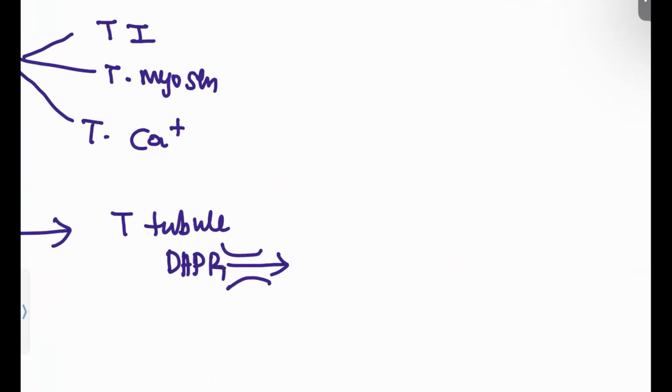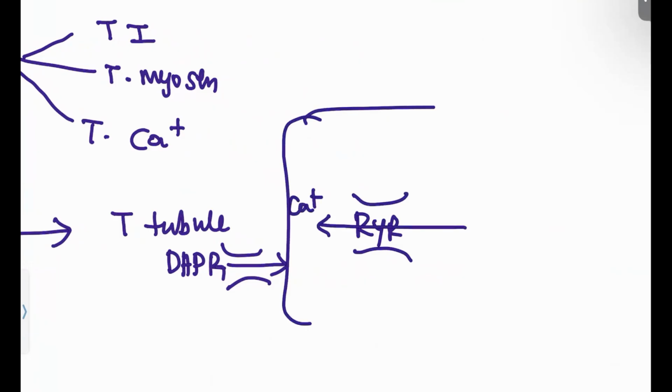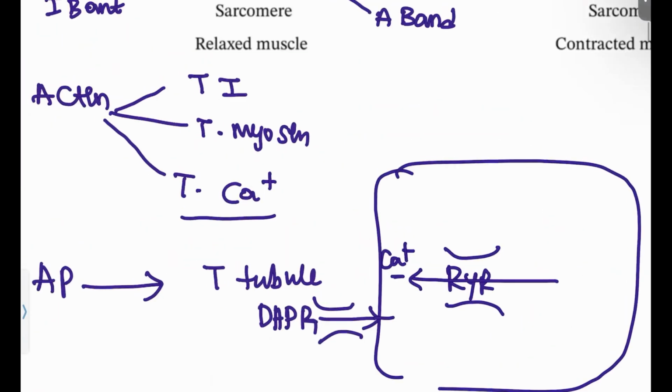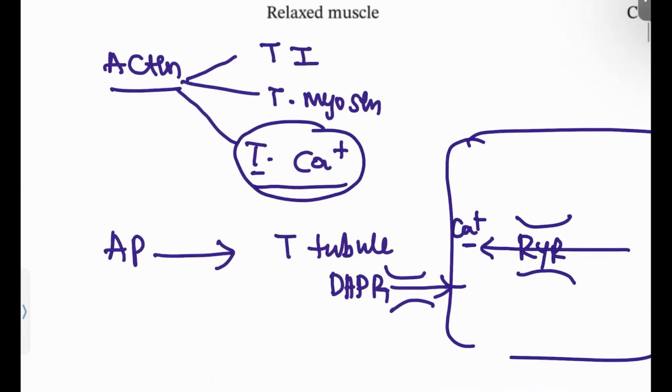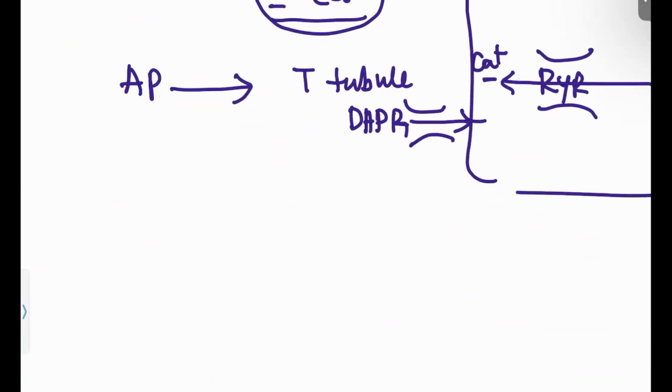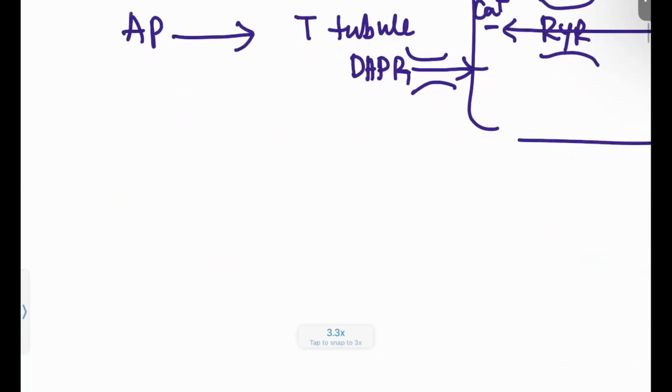Here you have the ryanodine receptor, which will release the calcium. Okay, this is your sarcolemma. When calcium attaches to the troponin on actin and this is activated, your myosin and actin will cross together, forming the sliding filament theory. How? This is your actin, right?